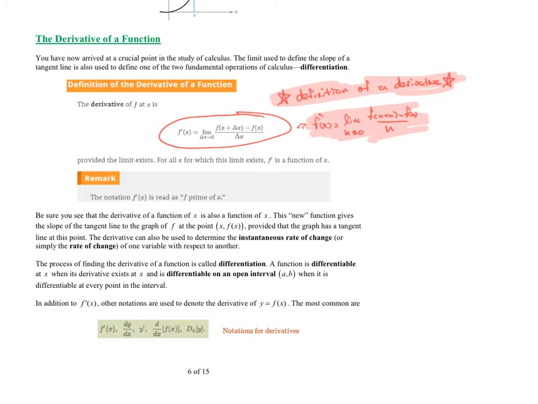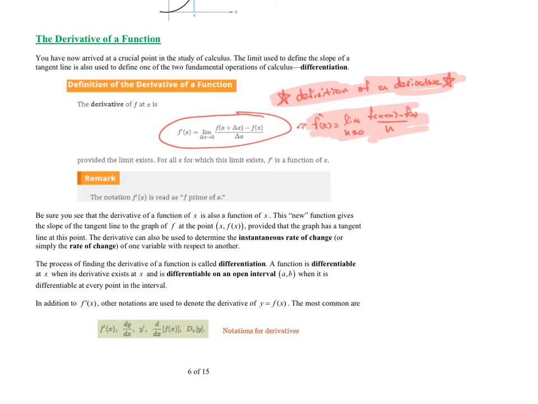So what they're saying is, on the last one, when we did the limit process, we got 2x. Notice it was a function of x, 2x, right? You give me the x value, I give you the slope of the tangent line for that x value. It says the derivative can also be used to determine the instantaneous rate of change, because that's all that slope is, right?